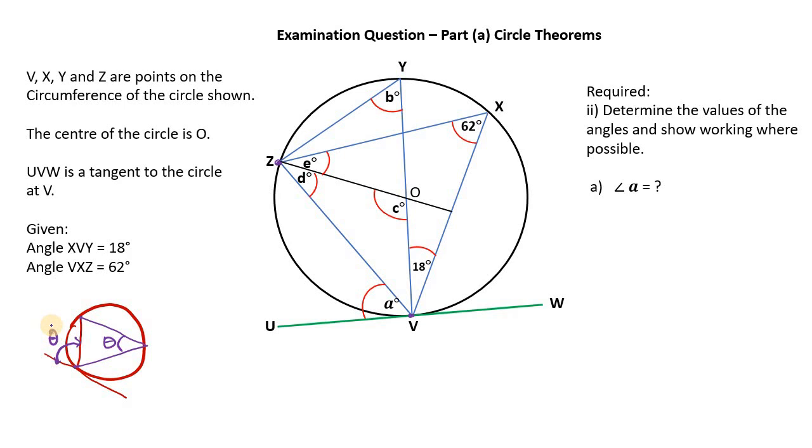So if you look at this as angle A, and the subtended angle from this chord to the circumference is 62 degrees, then we can say angle A is equal to 62 degrees. Okay, what's the reason for that? The alternate segment theorem. It is sufficient for you to just write alternate segment theorem.